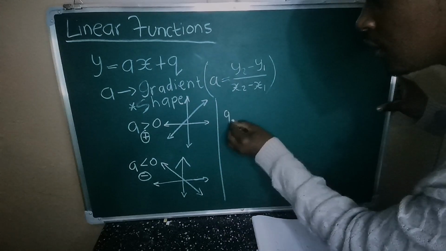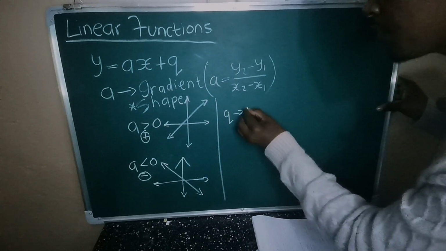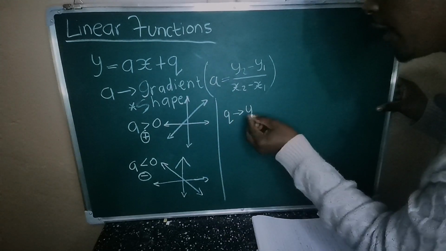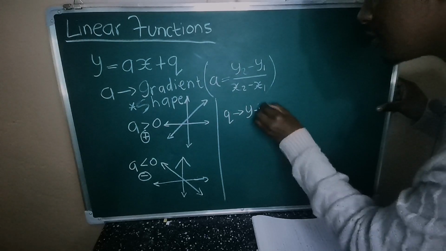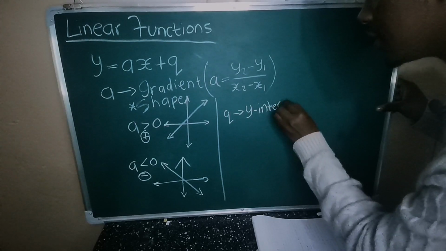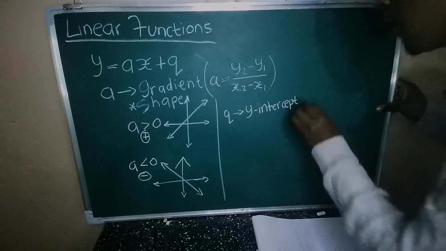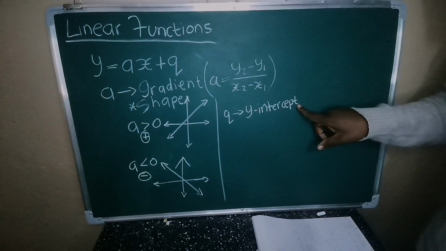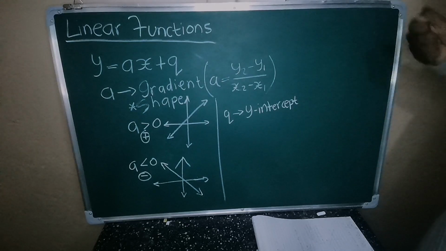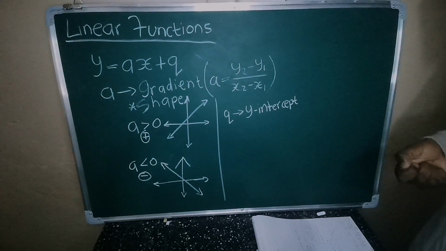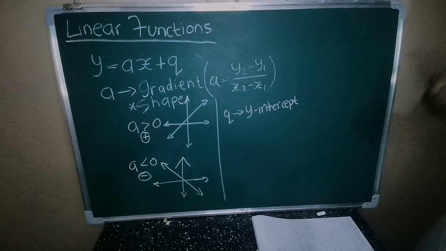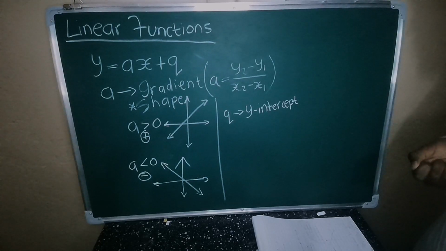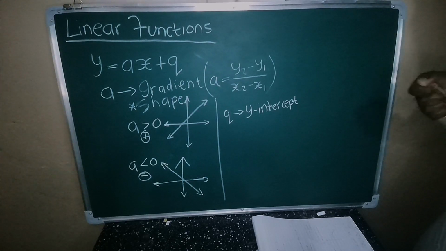q is our y-intercept. For a clearer definition, the y-intercept is a point on a graph that touches the y-axis. I hope you get me.